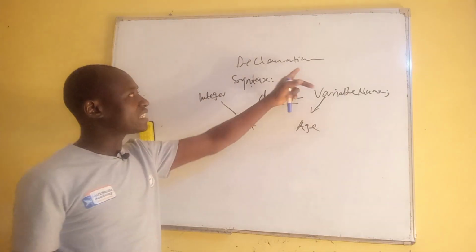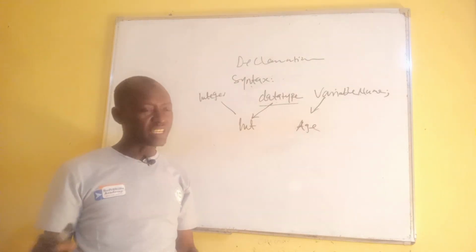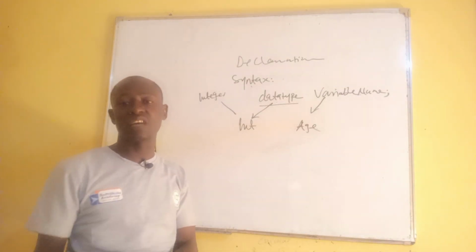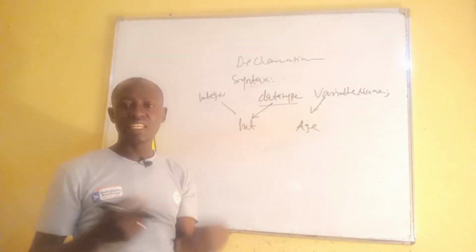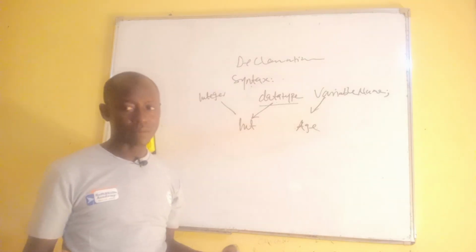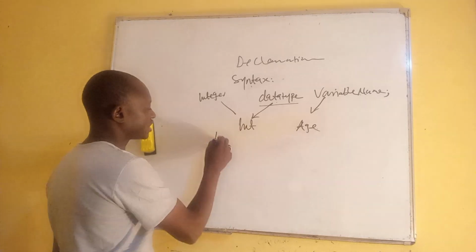So the next thing in variables is initialization. There is a way you can initialize a variable at the same time as declaring it. These are two different things: here you are only declaring, while the next one you declare and initialize at the same time.